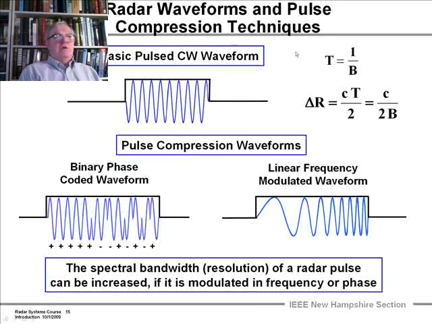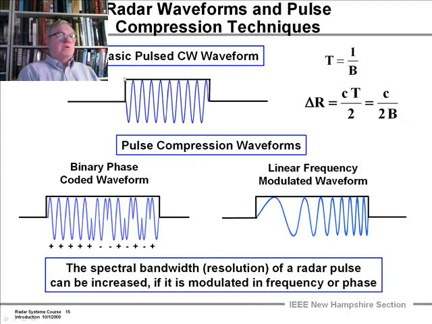It has a certain time length, and the time of the signal is 1 over its bandwidth. That's how wide in frequency space the signal is. From that, you can tell that the range resolution of the radar, from c times delta T, the round trip time, is just c over 2 times the bandwidth.